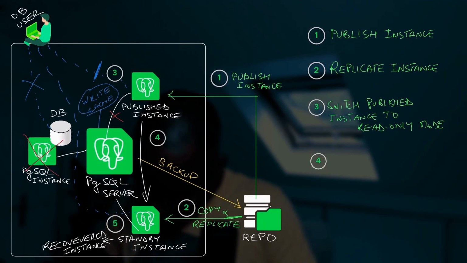Fourth step, the fourth step is the final sync. We will call it the final sync. And it is a very important step in the process. We will ensure it is done carefully.